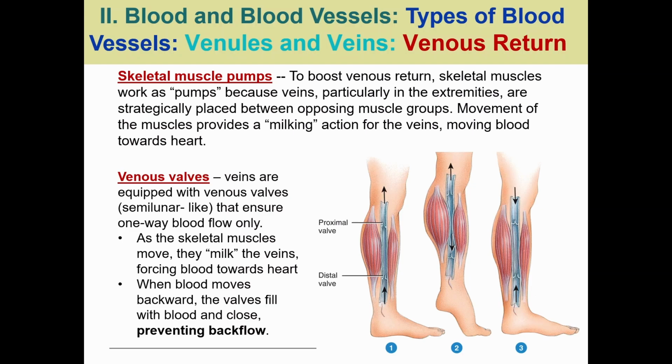The skeletal muscle is kind of doing the same thing. It has that same squeezing action to squish blood up through the veins back up towards the heart. And the valves keep the blood from flowing backwards. So the skeletal muscle squeezes on the vein, that pushes blood up towards the heart. And then when the muscle relaxes, the valves snap shut so the blood can't drain back down.